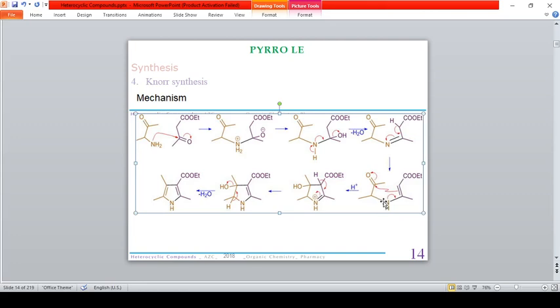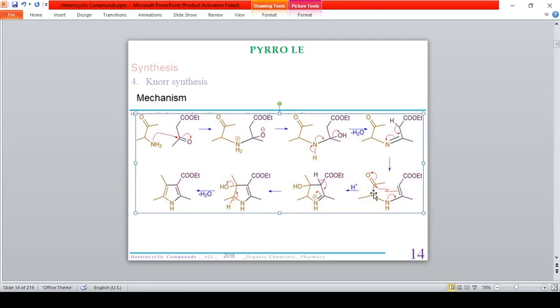This lone pair will shift and form a pi bond here. This pi electron cloud will shift onto this carbon, and this carbon will be highly electron rich, and it will attack the carbonyl carbon. This carbonyl carbon is electron deficient, so it will form a bond. Very simply, electron rich and electron deficient species will form a bond.